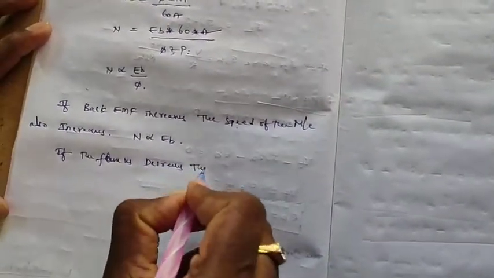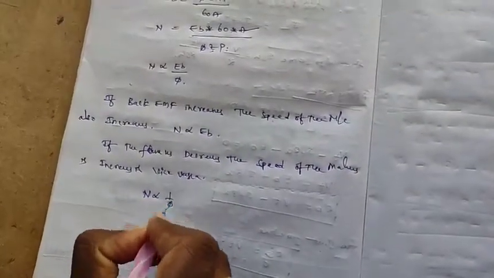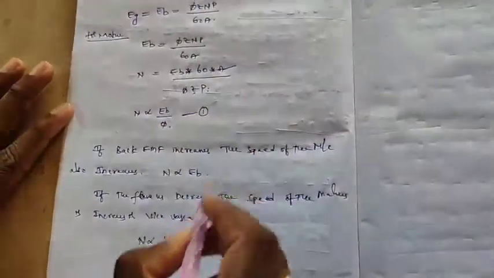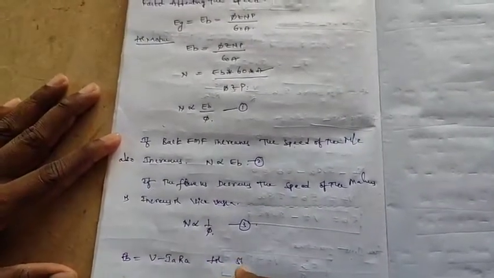If the flux decreases, the speed of the machine increases, or vice versa. That means speed is inversely proportional to the flux. So these are the main equations. So what is the formula for back EMF? EB equal to V minus IA RA for a shunt motor.